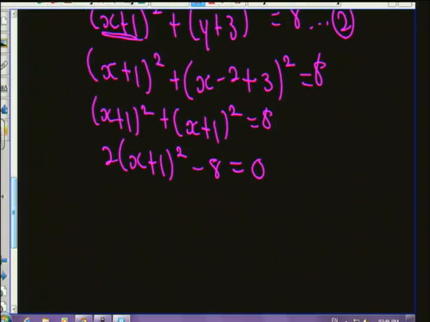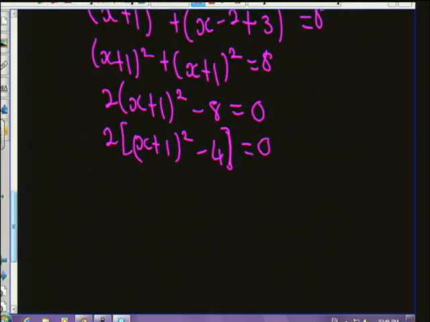Okay, so if you want to factorize that now, we can take out a highest common factor of 2. So I'm left with (x + 1)² - 4 = 0. Divide both sides by 2. The 2 falls away, so I'm just left with (x + 1)² - 4 = 0.